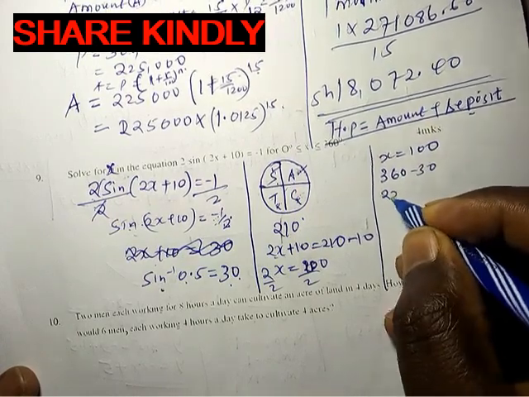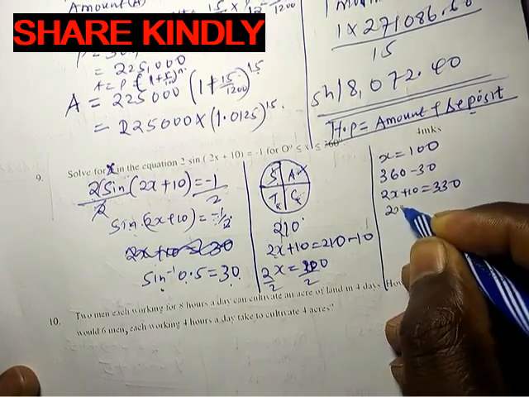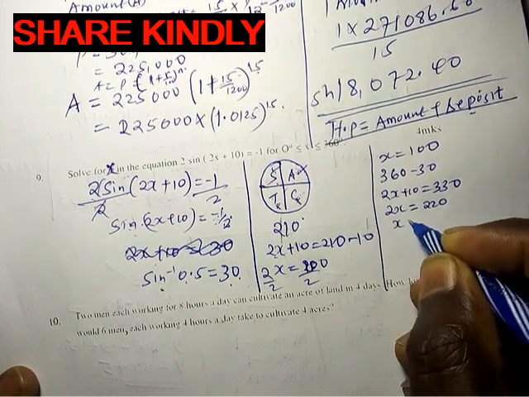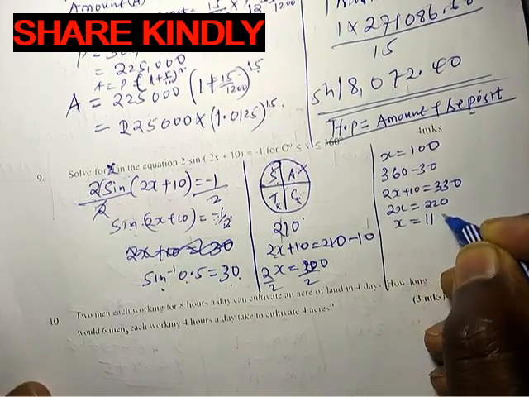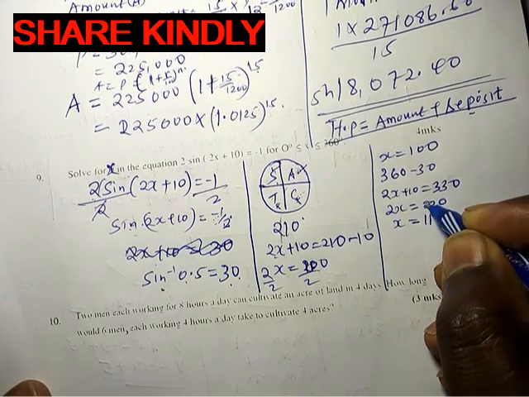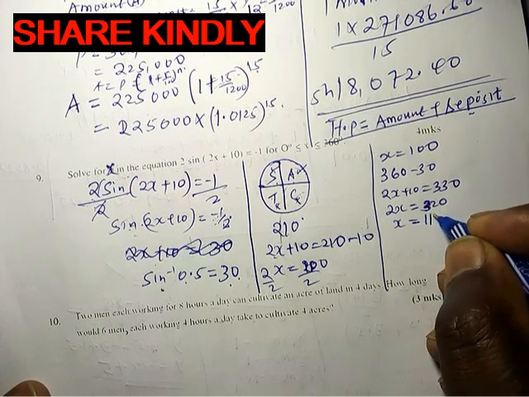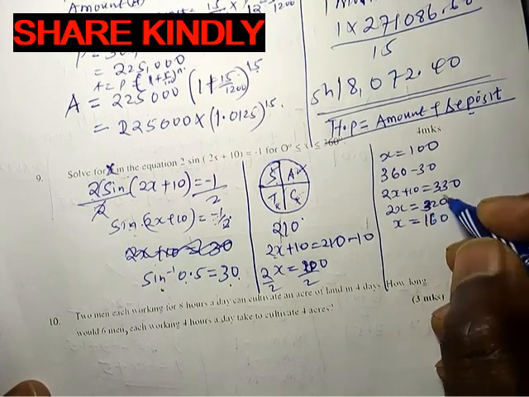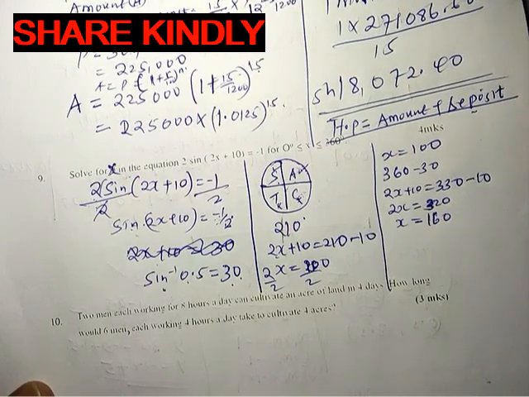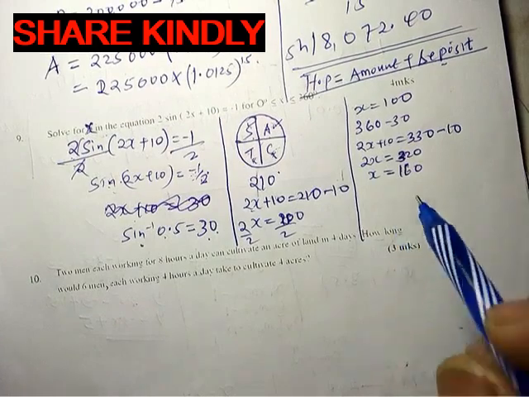So 2x plus 10 is equal to 330. 2x equal to 320, not 220, so x is equal to 160. When it comes here we have minus 10. So again you do the same.